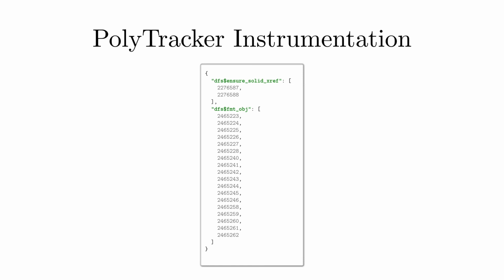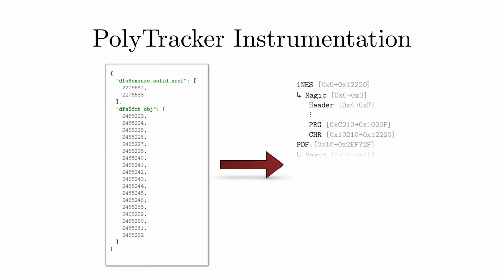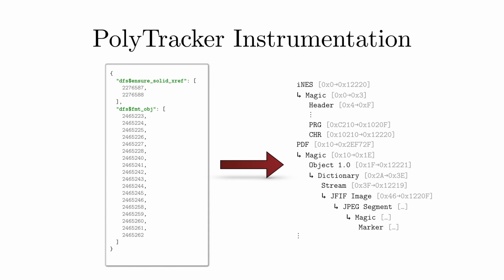Or more importantly, the byte offsets of the input file that affected the control flow within that function. So then we can merge the output of PolyTracker with the semantic labeling that we got from PolyFile to be able to get a map of what those functions in the parser are actually doing.